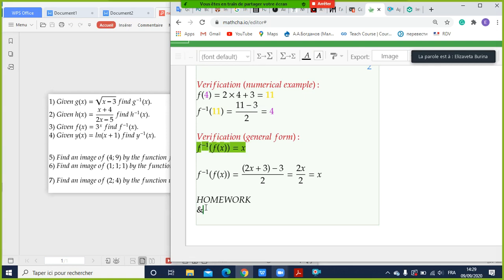So the function g of x tells us, okay, now you take your x, then you subtract 3, and what you get is x minus 3, and then you take a square root of it.